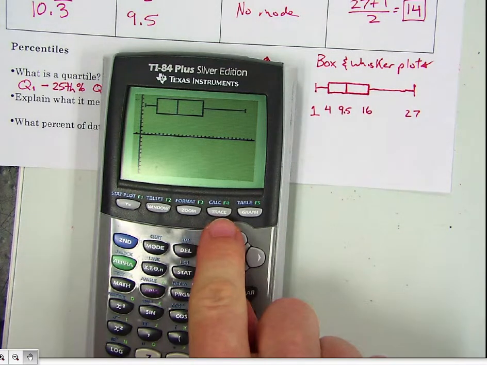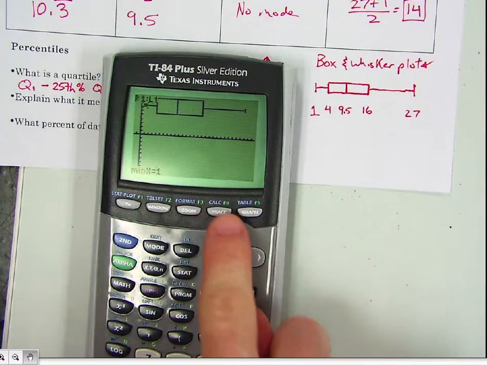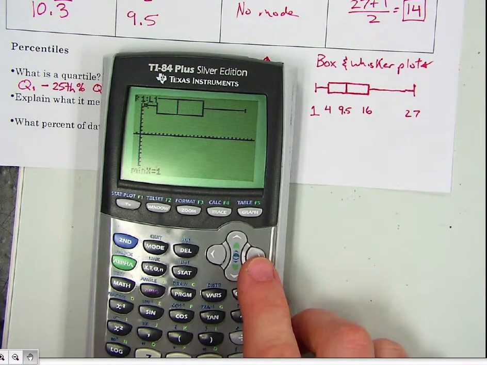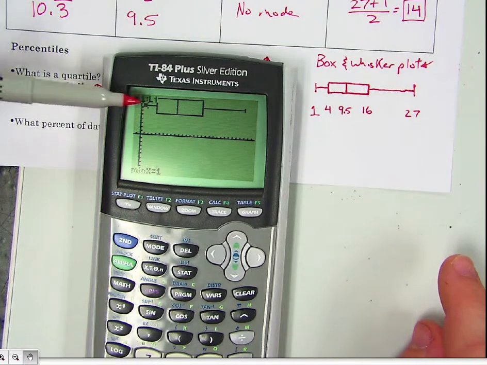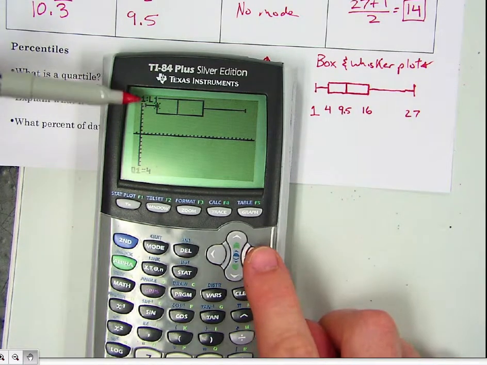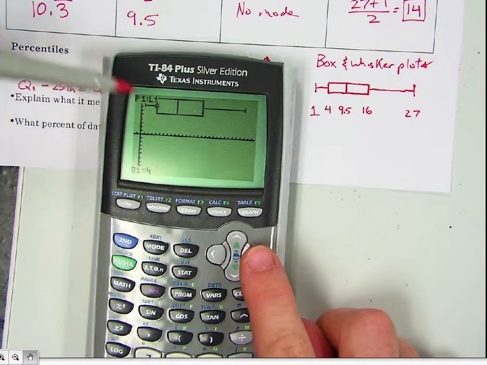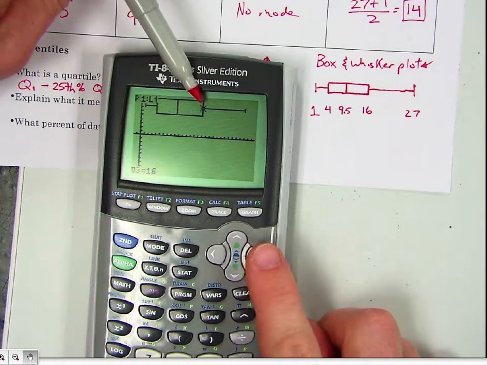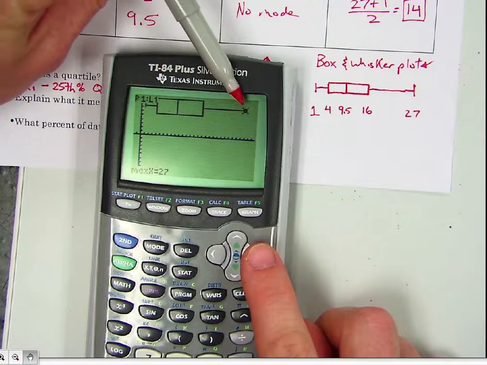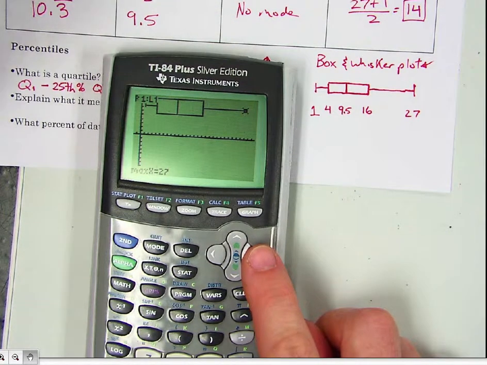Now if you hit trace, okay, it'll trace out exactly what we just drew. So you can see over here, the min x is 1, the quartile 1 is 4, the median is 9.5, quartile 3 is 16, and the max x is 27. All right.